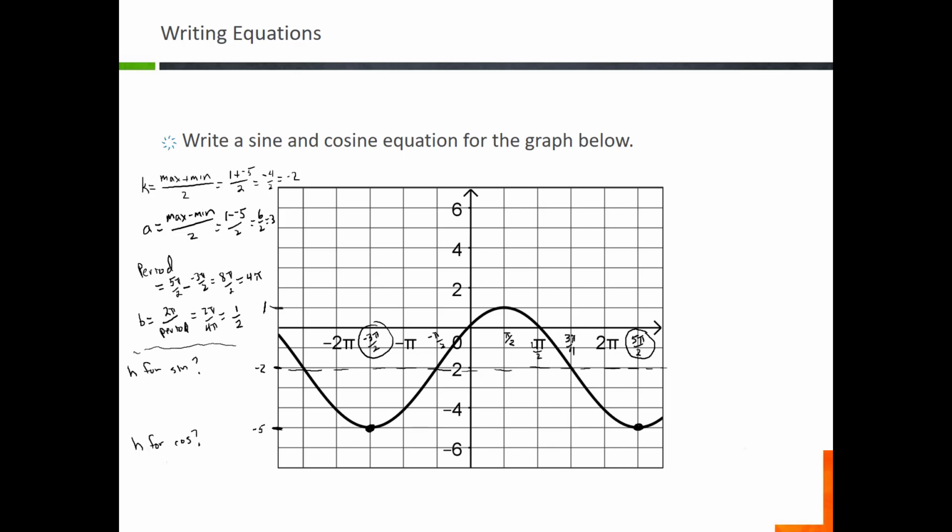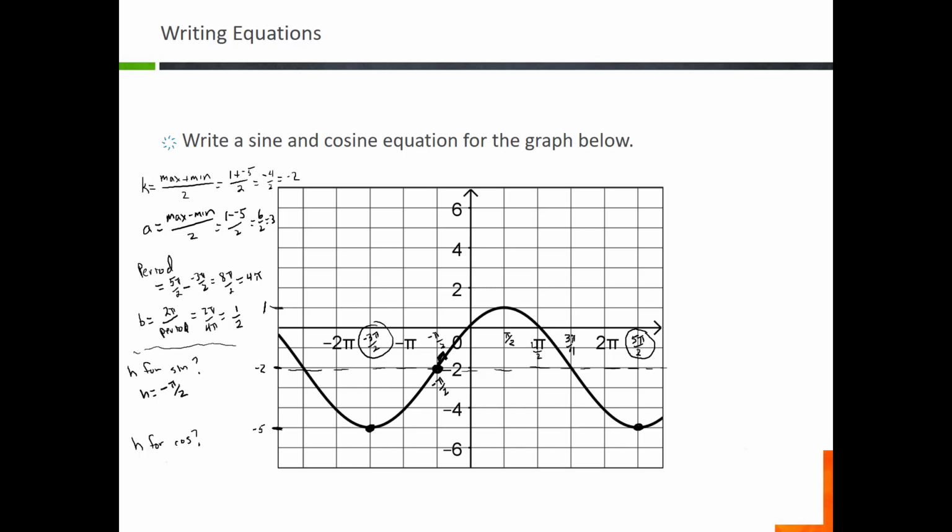The middle of the box is where it crosses the midline and it's going up. So what is the x-coordinate? This is at negative pi over 2. We already said that. So in this case, h is negative pi over 2, because that's the closest place to the y-axis where it crosses the -2 line and it's going up.